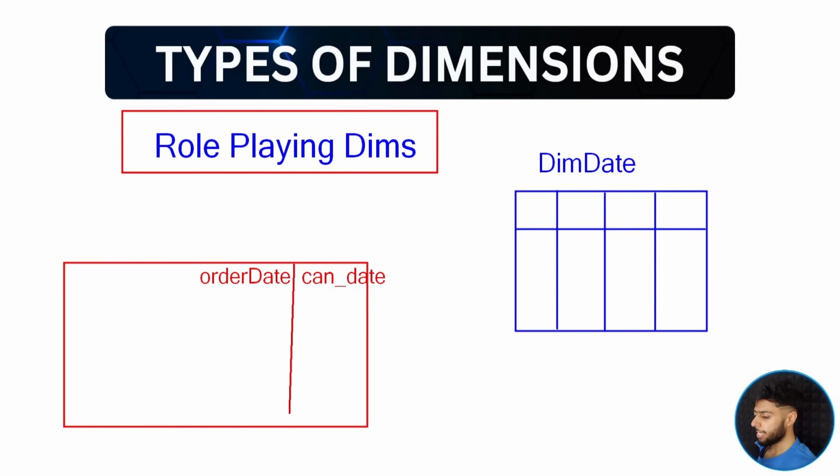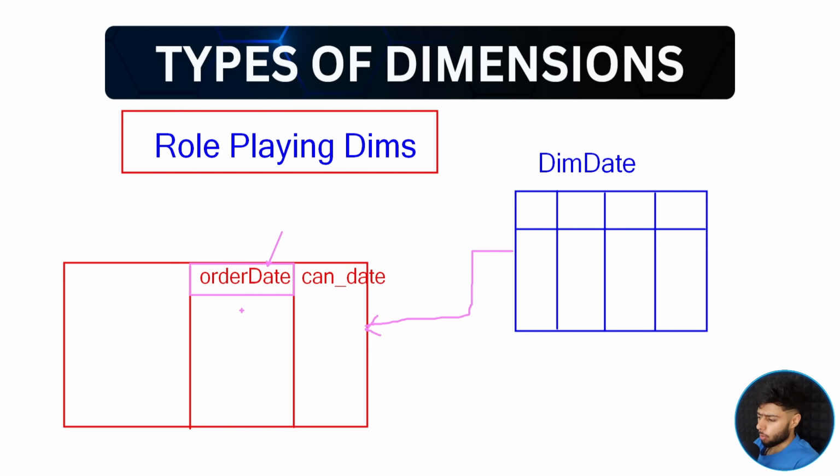Initially you connected this table on the order date column, this one. Make sense? So this is the main relationship, or the main join, that you are applying to connect this dimension with this fact table.